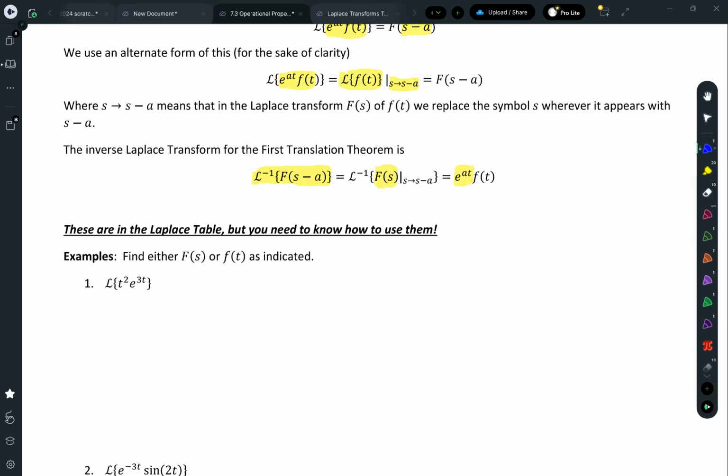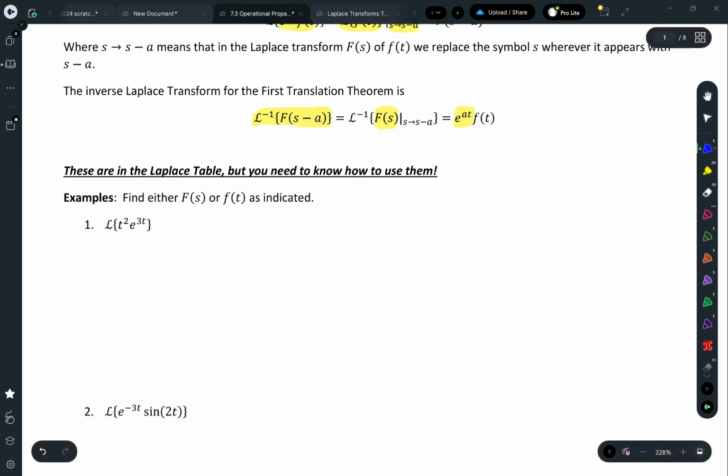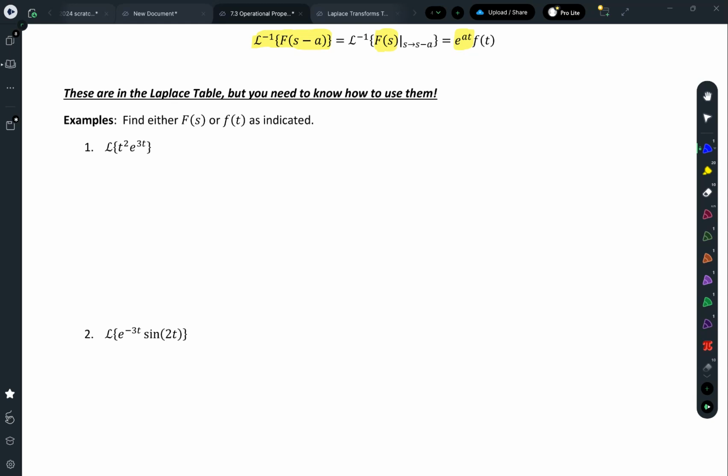This first example, we're being told to find either big F of s or little f of t as indicated. This first one, we have the Laplace of t squared e to the 3t. So that exponential function is in there. Right away, I'm going to rewrite this based on the idea that a is 3. Okay, so this becomes the Laplace of t squared.